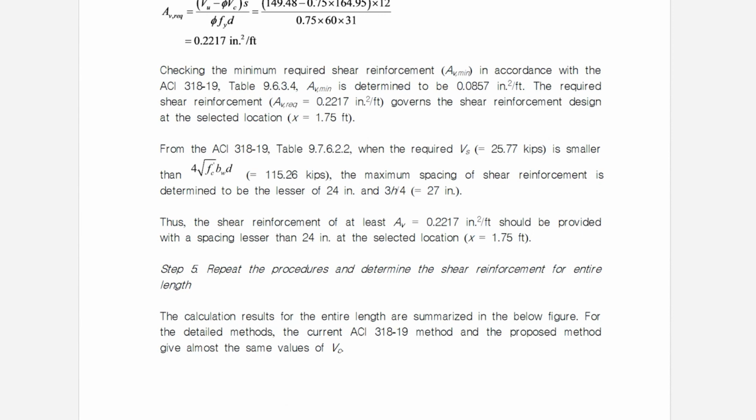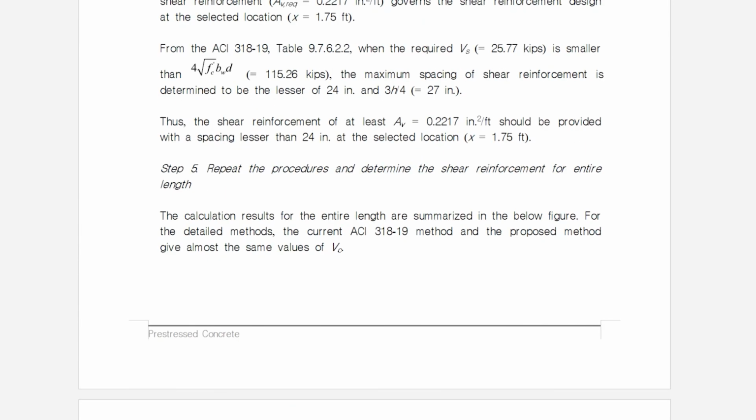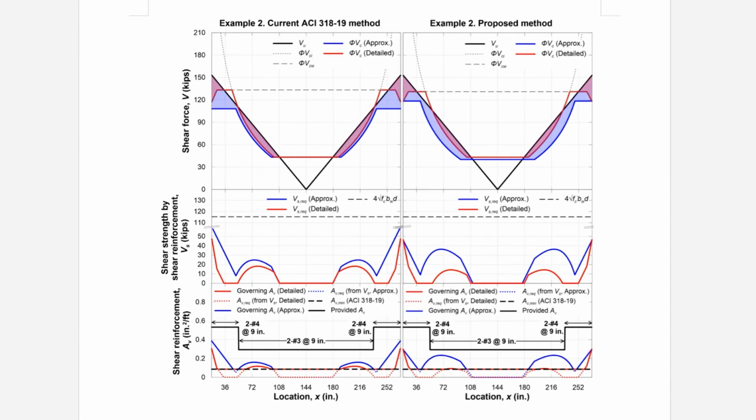And we repeat for the other section locations. Finally, I got this. The left-hand side is the ACI 318 method, and the right-hand side is the modified method.